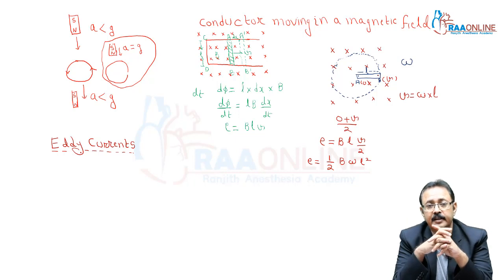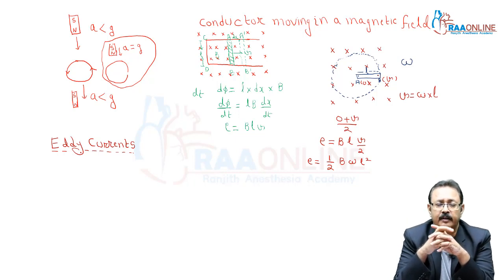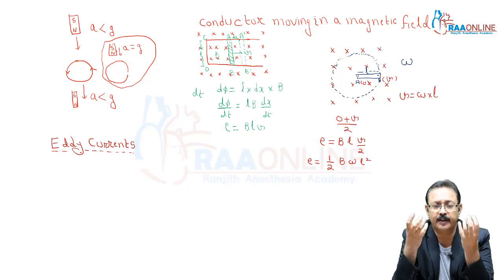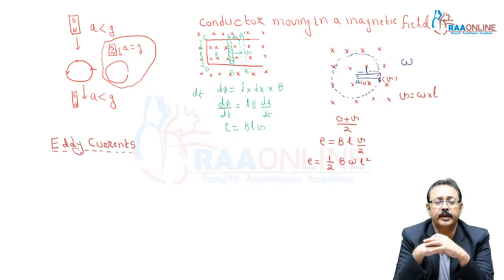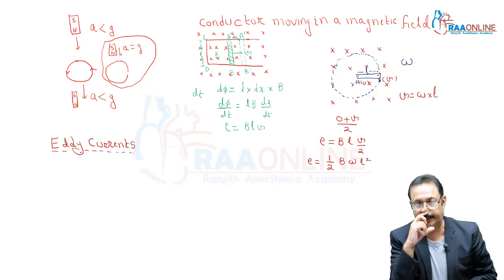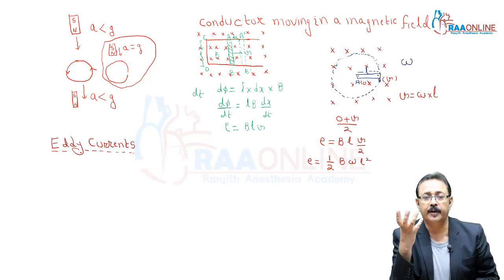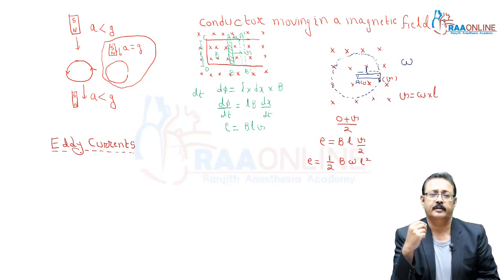Since this surface is in a moving magnetic field, induced EMF will generate on the surface. And you know that electricity can produce heating effect, Joule's heating effect. So you will get a huge amount of heat. So in furnaces, we are using this concept.